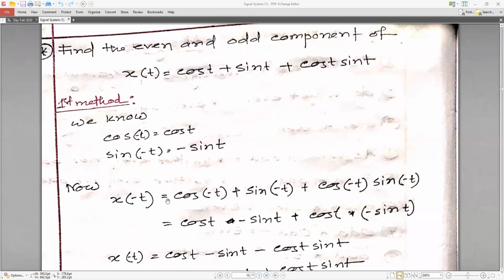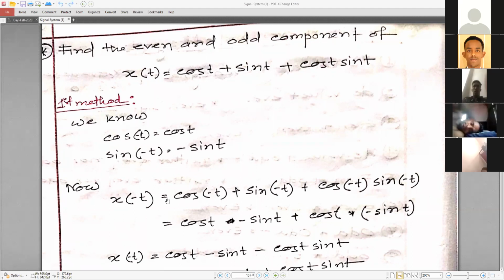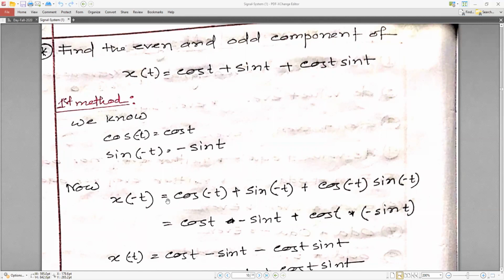The question is to determine the even and odd components of the following signal. Even and odd components have to be found out. So see here, some components are there.